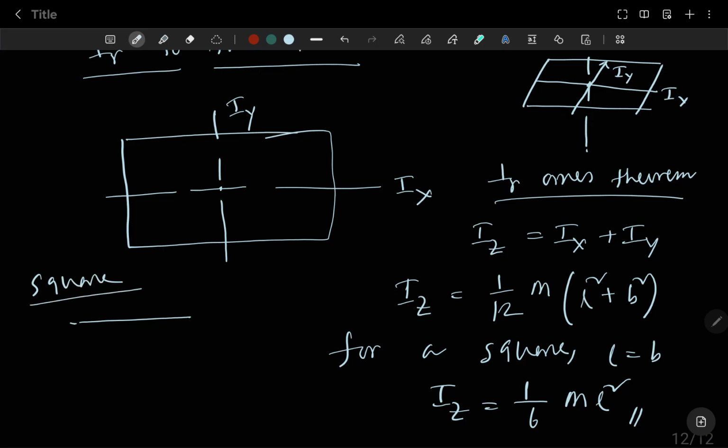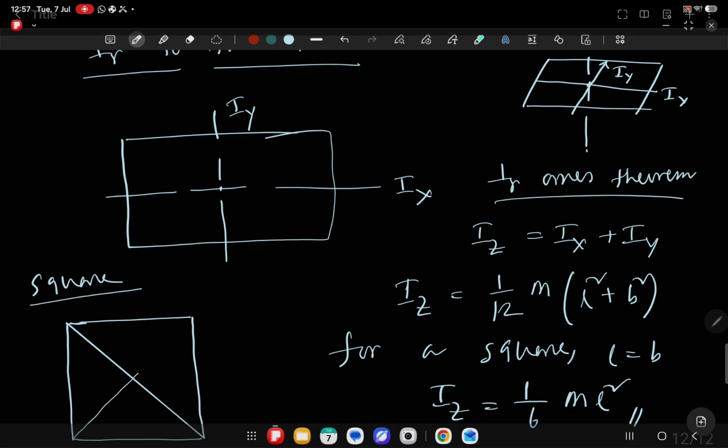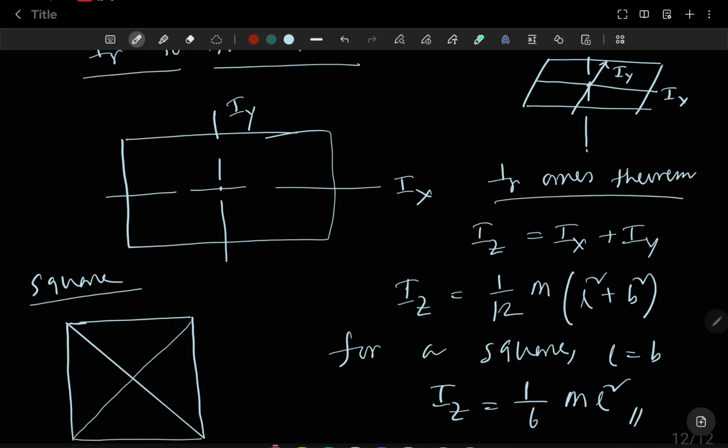For a square, obviously the diagonals are perpendicular to each other. So it is symmetric, so for both of them it will be I, and obviously Iz passes through the point of intersection of the perpendicular axes.